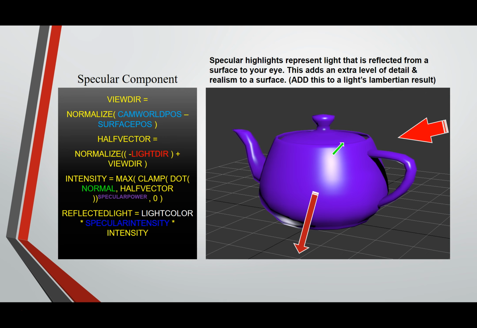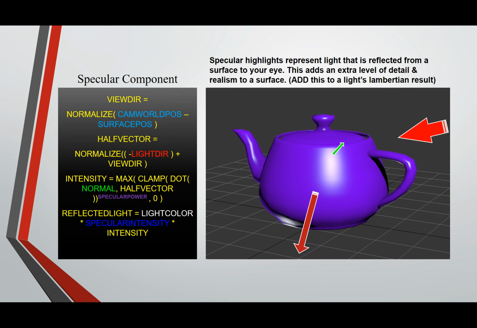All the things we've been showing you up till now have to do with how you calculate a light, where the direction comes from, and we use the dot product along with the normal to compute the Lambertian reflectance of the surface. We'll still do that, but all surfaces also have a specular component.